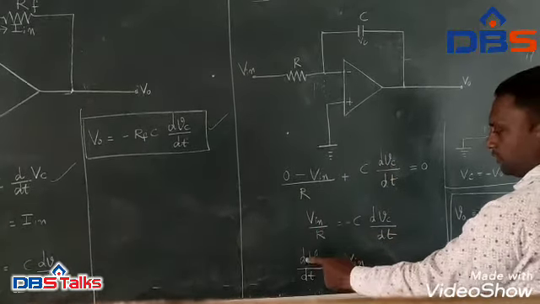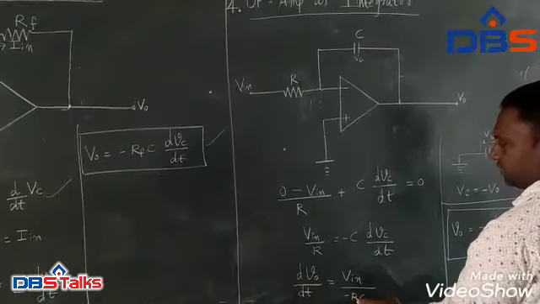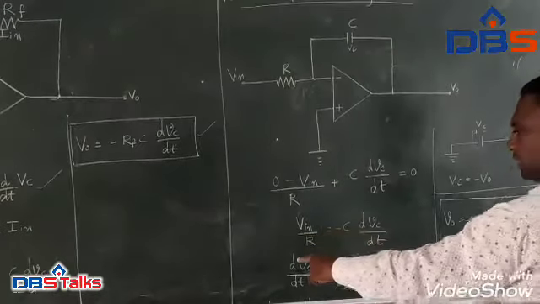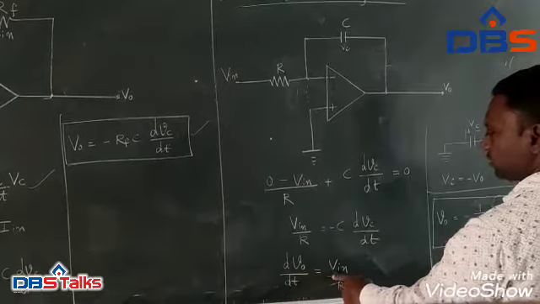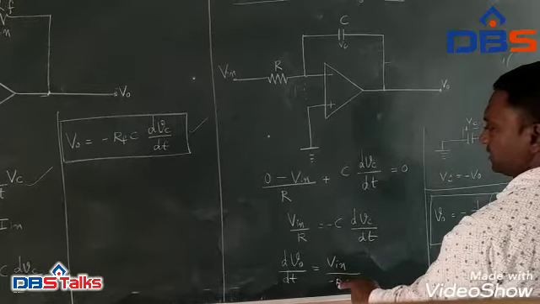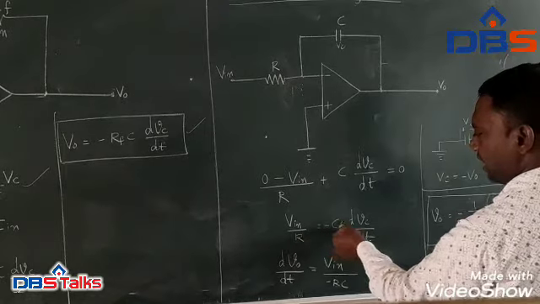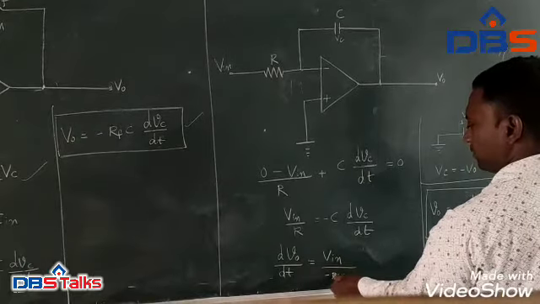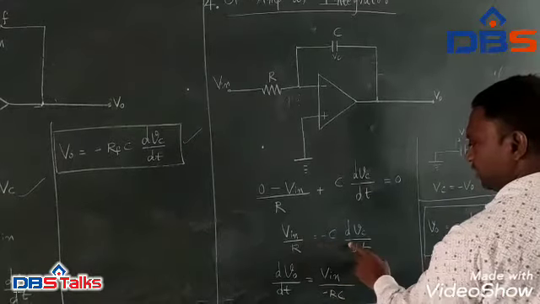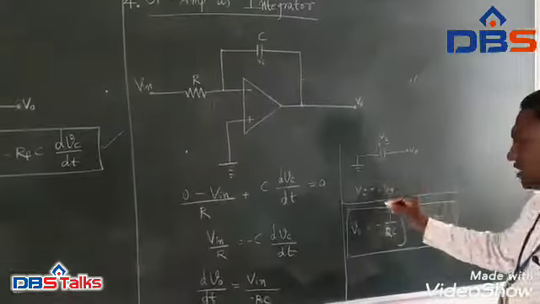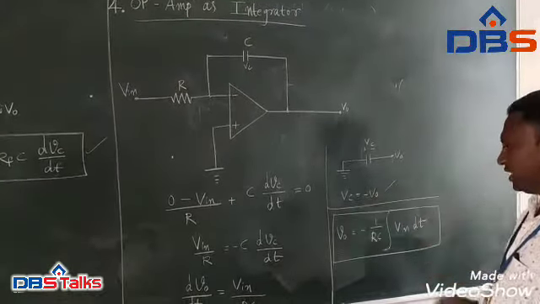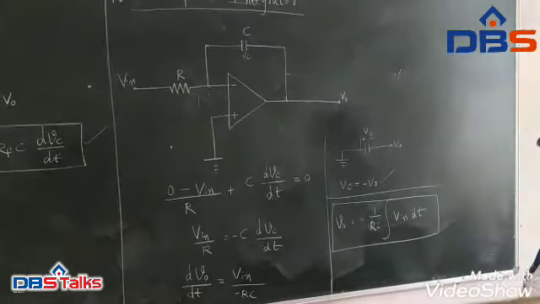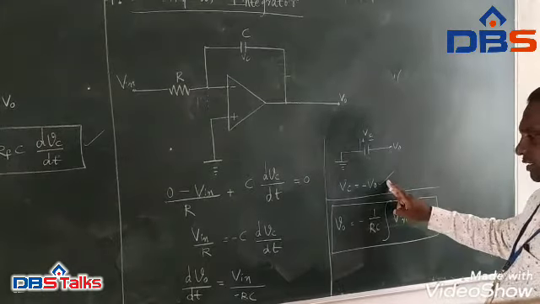Therefore dV0 by dt is equal to minus Vin by RC, because if you bring this R to this side, you will get minus RC. Here, Vc is equal to minus V0.